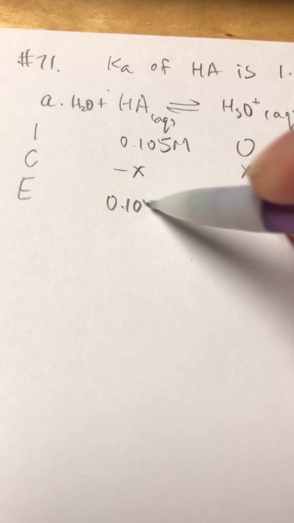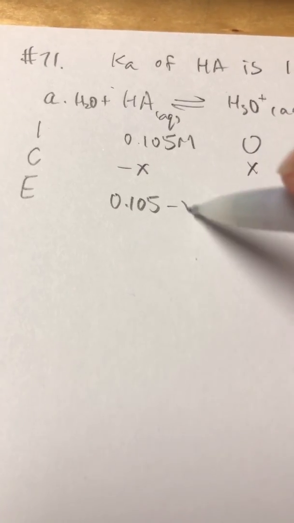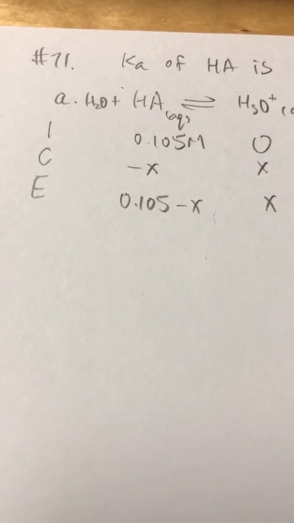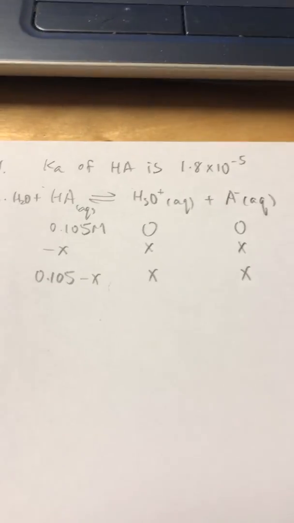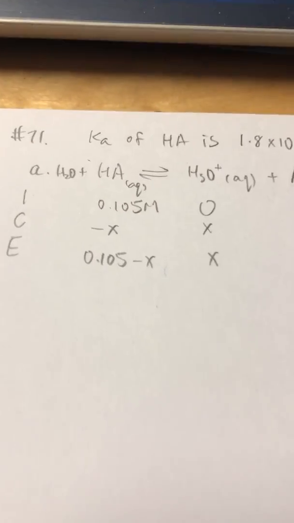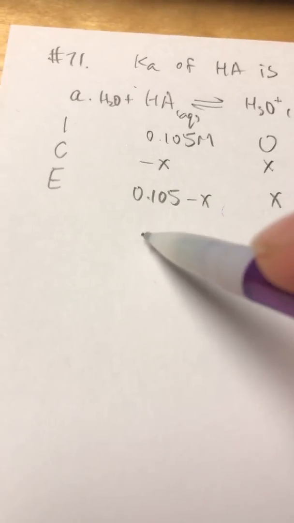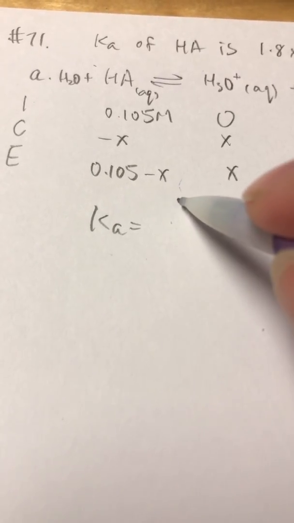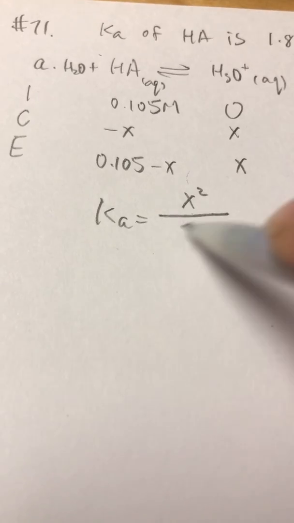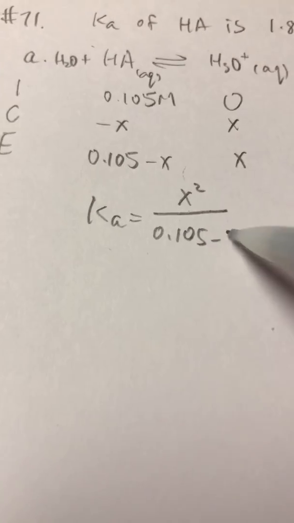So 0.105 minus x, and then x, x. Once you have all these equilibrium concentrations expressed algebraically, you need the Ka expression. Ka equals x squared over 0.105 minus x.